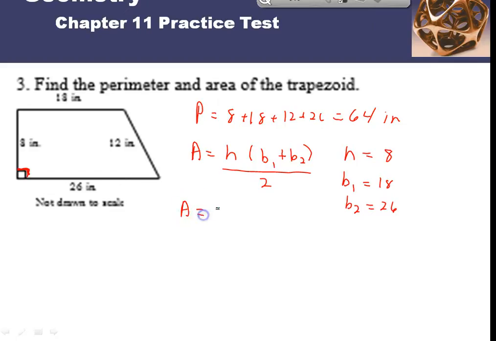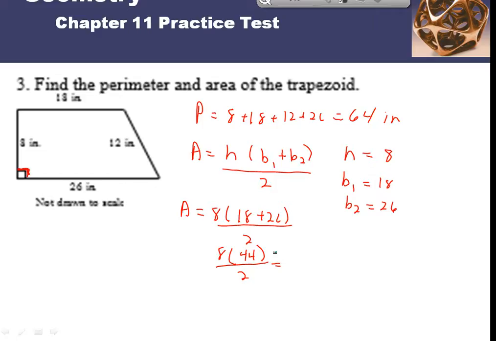Okay, so my height is 8, and my two bases are 18 and 26. I'm going to divide by 2. So I believe that's 44. 18 plus 26 is, yep, definitely 44. So 44 divided by 2. So 8 times 44 divided by 2.